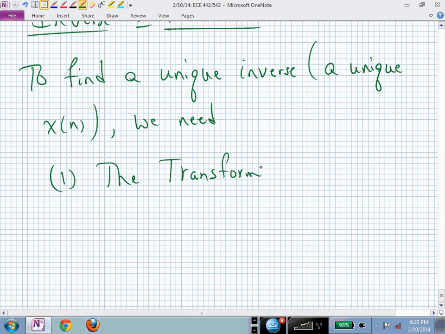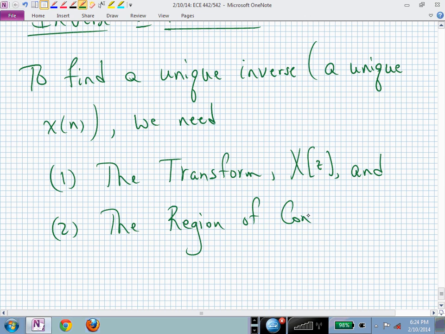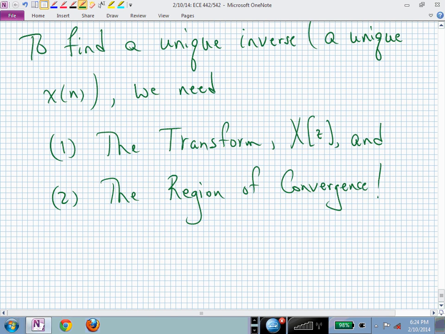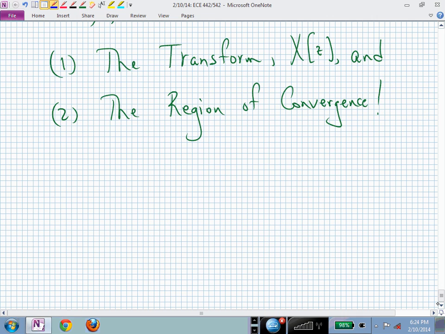We need the transform, capital X of z, and the region of convergence. We need both of those. Let's look at an example. And now this should be trivial as far as finding these inverse Z transforms.